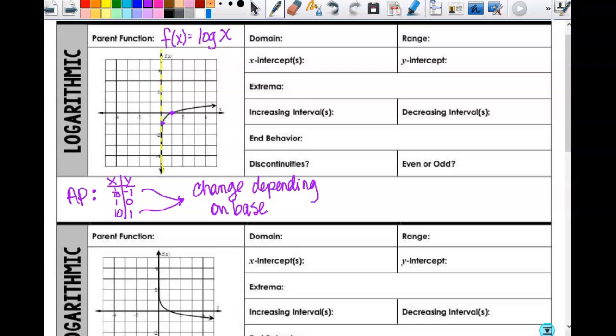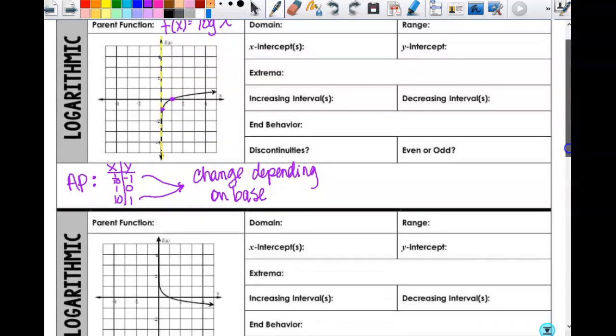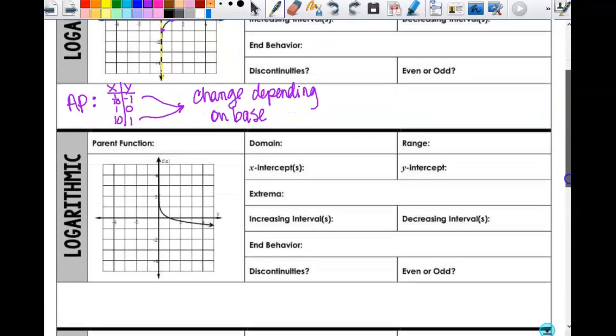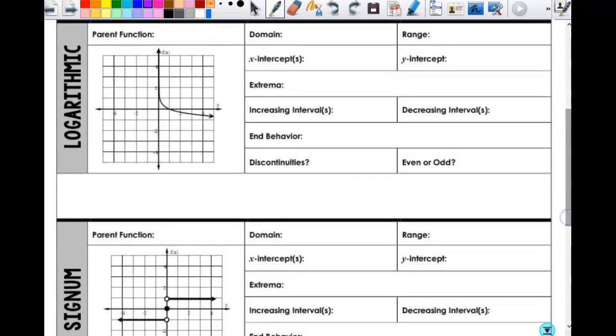All right, so we got another log down here. They're reflections of each other. What do you think is going to be different between these 2 equations? The bases, just like for exponentials. So f of x is equal to log, and this time, so for the first one up there that we just did, it's going to have that same shape and everything if the base of the log is greater than 1. If it's between 0 and 1, it's going to look like this. So this is log base 1/10 of x.